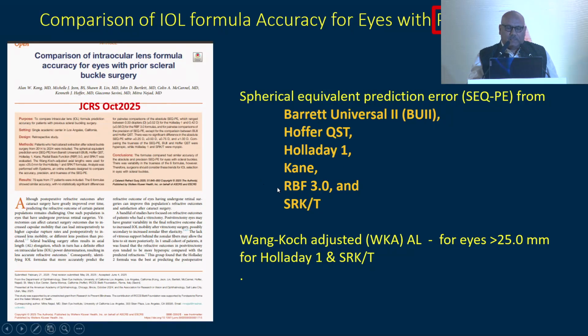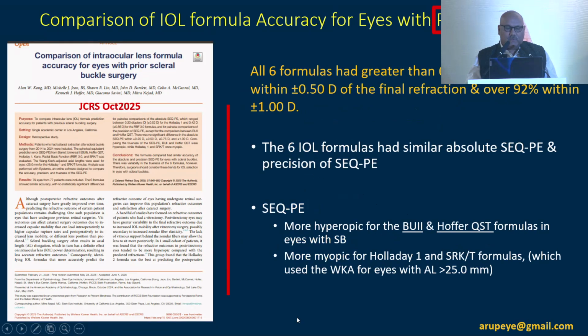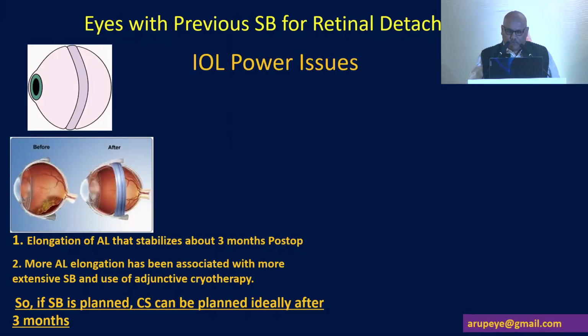They found that, again, with the Wang-Koch adjusted axial length for eyes more than 25 millimeter, and the newer formulas, all the formulas have done quite well for these eyes. So basically, it boils down to the use of newer formulas, and if you are not using the newer formula, then you have to modify the axial length by using the Wang-Koch modification. So you get at the axial length, okay?